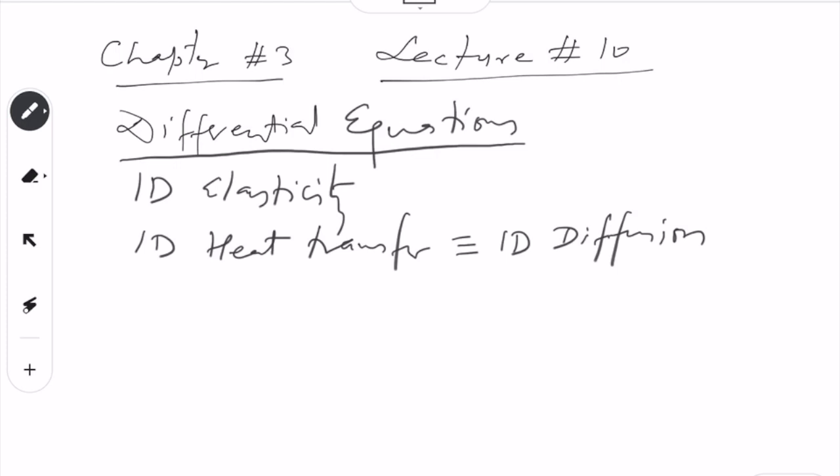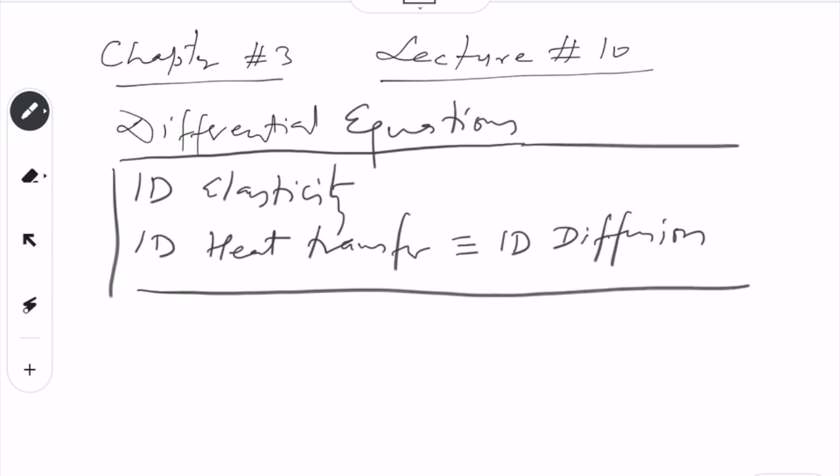So both have similar differential equation. Okay, even if you write in 3D, there will be similar equation. Okay, so diffusion. So this is what we will study in details. All the three kinds, mostly only these only.